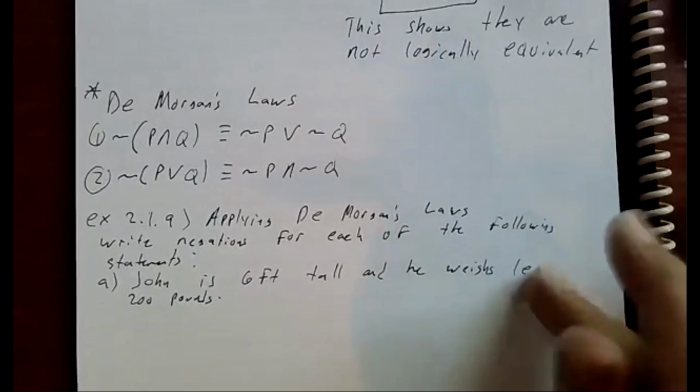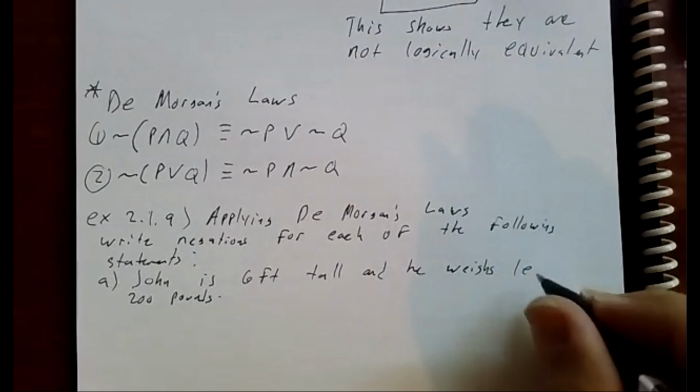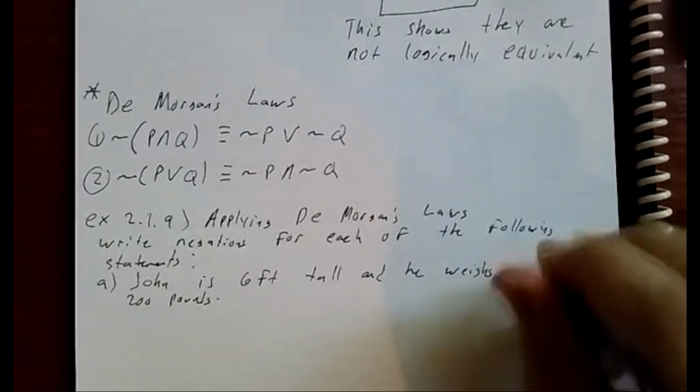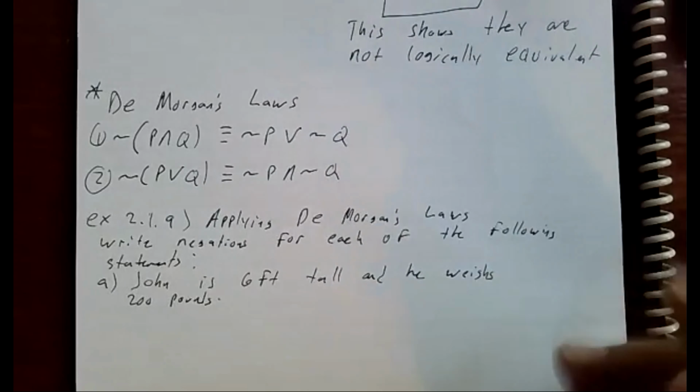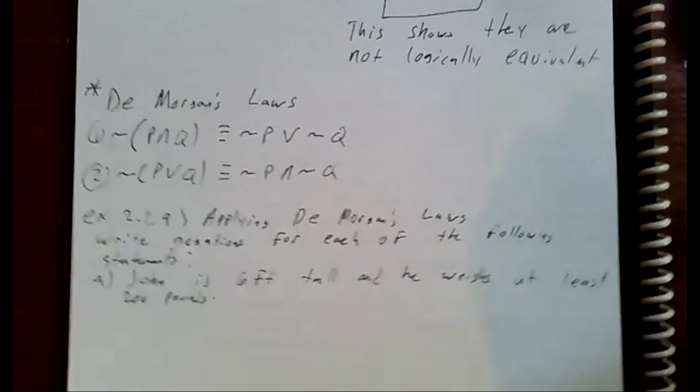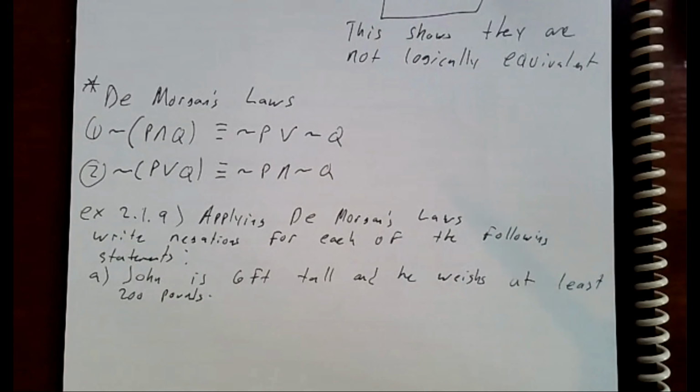I forgot, in the book they said at least. Let me fix that so we can stay consistent, so when you read the book, it's the same. At least 200. So what is the negation of at least 200? You guys remember what that means? At most.